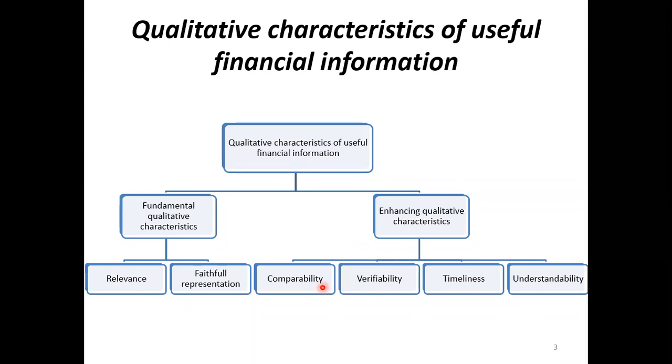It can be compared with similar organizations, similar entities, and also with the previous year's financial information. Last year's profit how much, this year's profit how much. This is a previous year, the same entity, different time horizons: how much company X performed, how much profit company X earned.